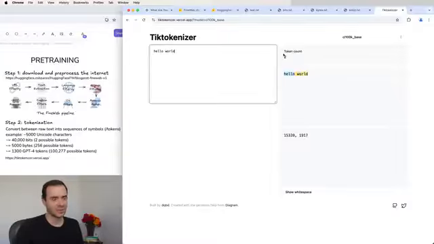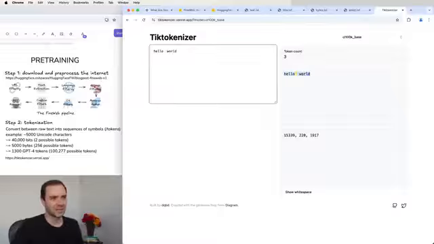So hello world turns out to be exactly 2 tokens. The token hello, which is the token with ID 15339, and the token space world, that is the token 1917. So hello space world. Now, if I was to join these two, for example, I'm going to get, again, 2 tokens, but it's the token H followed by the token hello world without the H.